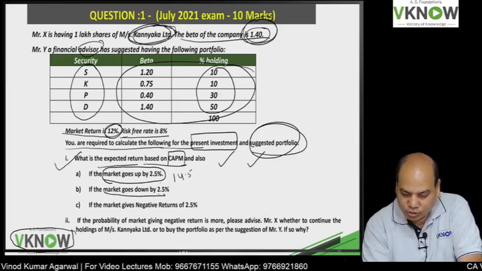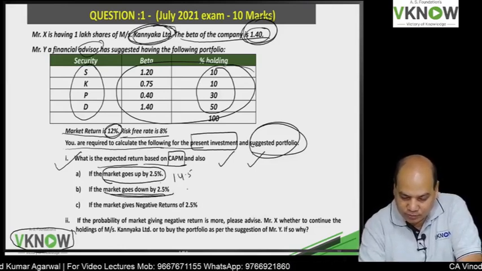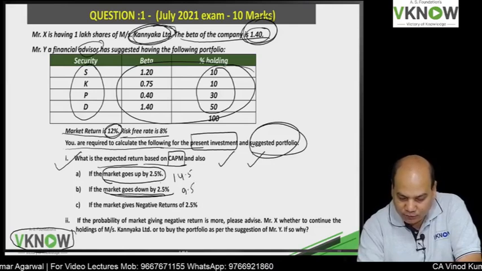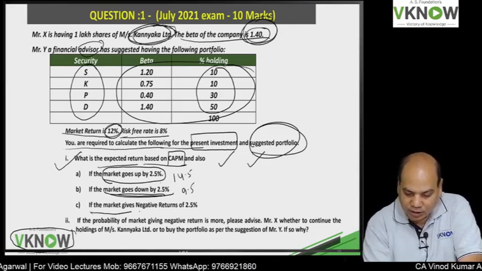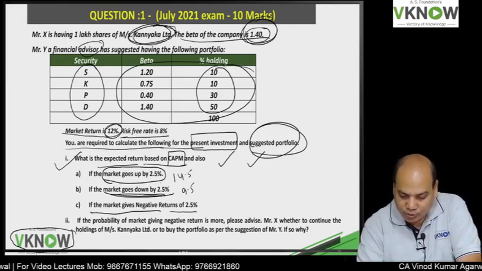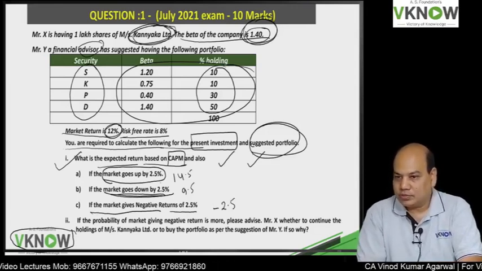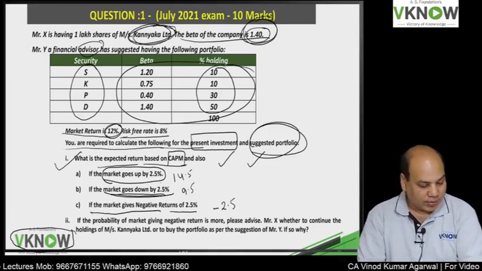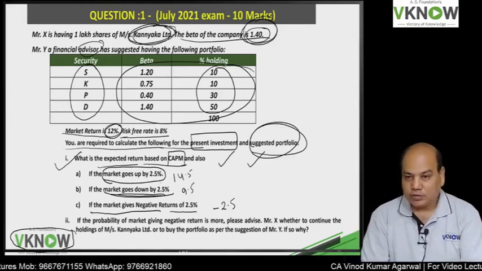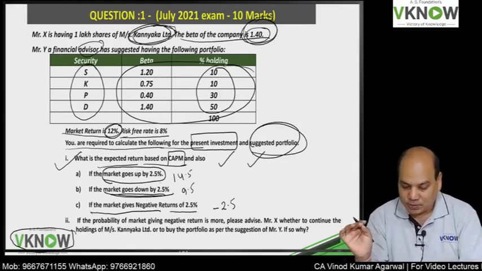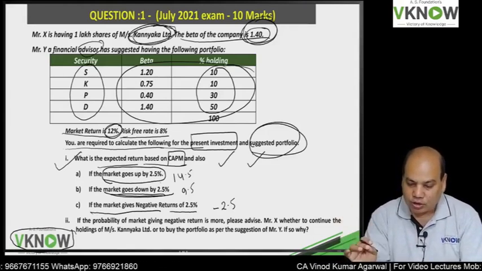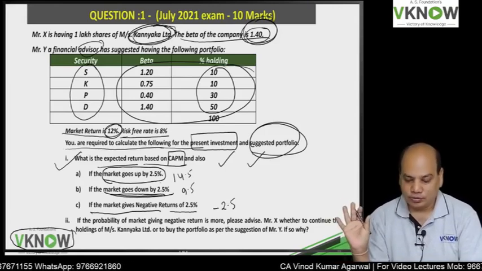If the market goes down by 2.5, it will be 9.5 RM. And if the market gives a negative return of 2.5%, so RM is minus 2.5. So with these 3 RMs, you will have to find out the expected return of the stock and the portfolio.